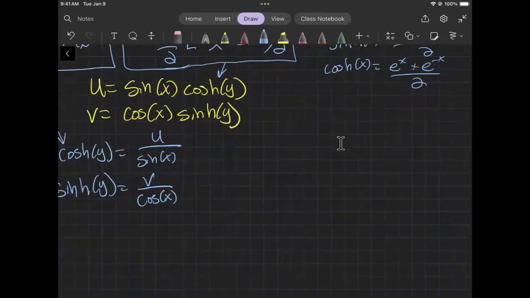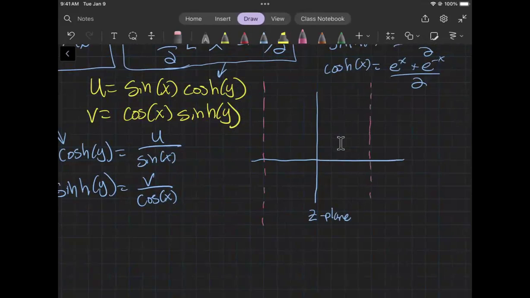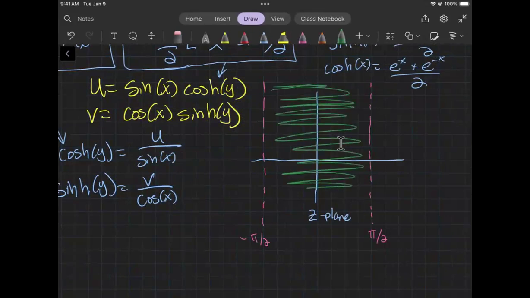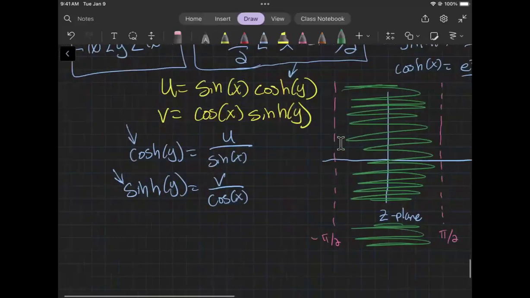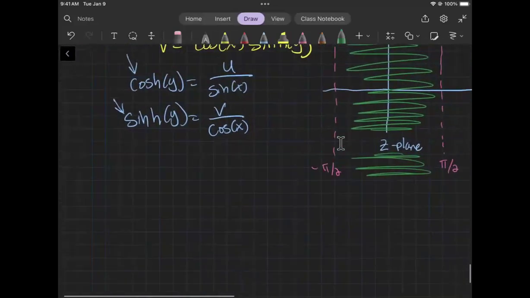So on the z plane, we're going to have this infinite vertical strip, right in here.